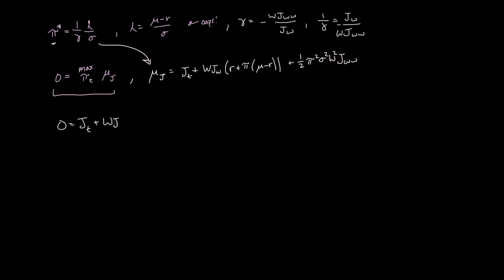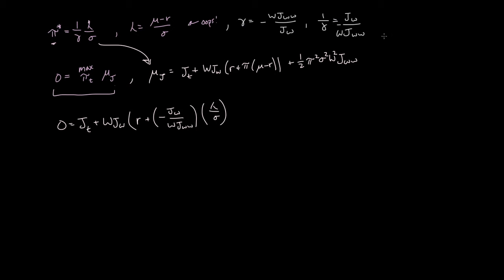Plus J_W W r plus, now here we're going to plug in our pi star, which is going to be minus J_W over W J_WW times lambda over sigma.